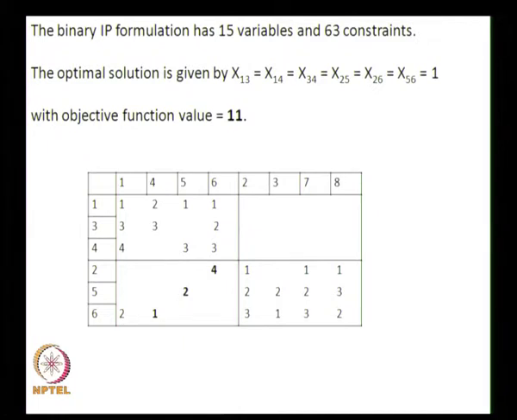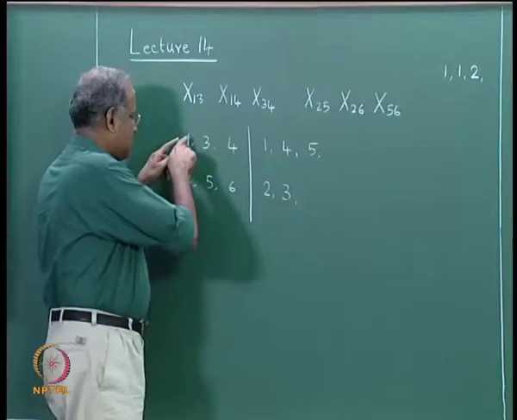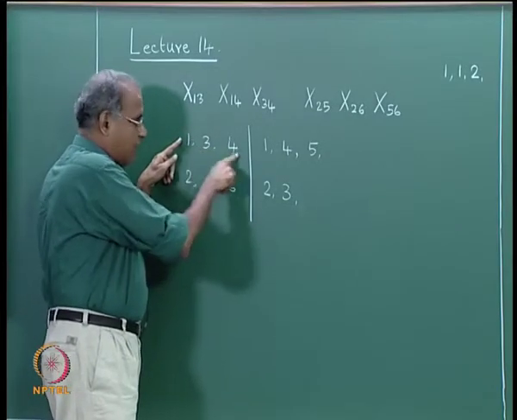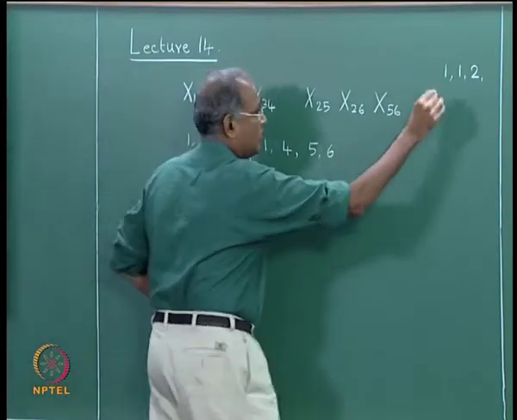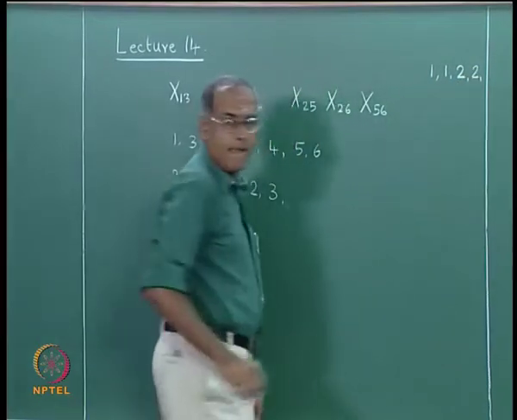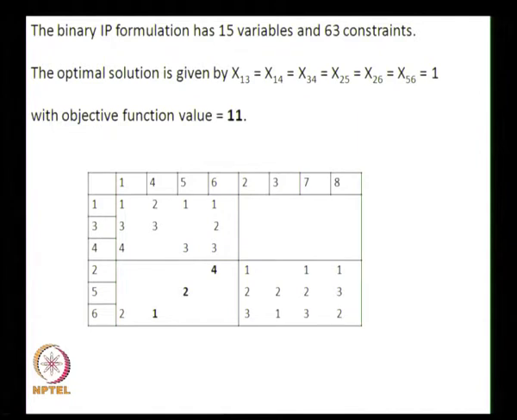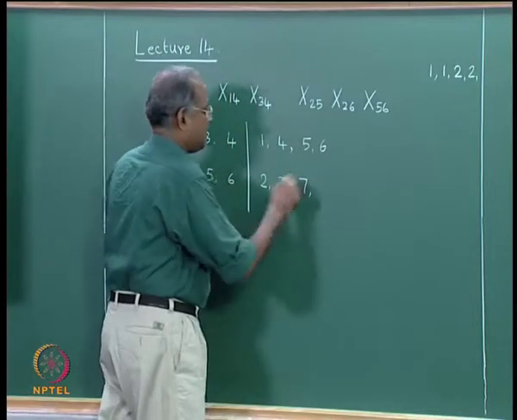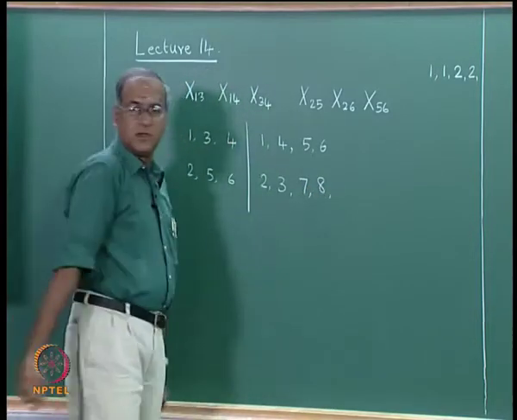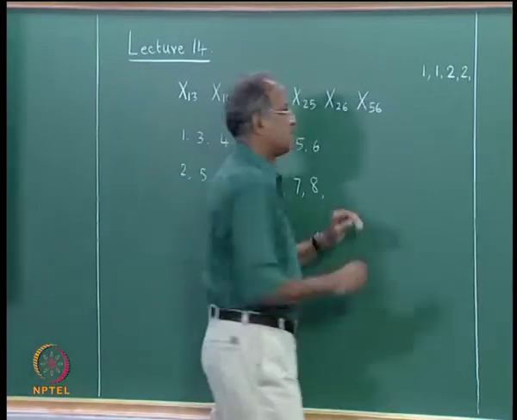Part 6 visits 1, 2, 3, 4, 1, 2, 3, 4. So, creates 2 more intercell moves. Part 7 visits 2, 5 and 6. So, part 7 visits here and part 8 also visits here. So, with 6 intercell moves it has.